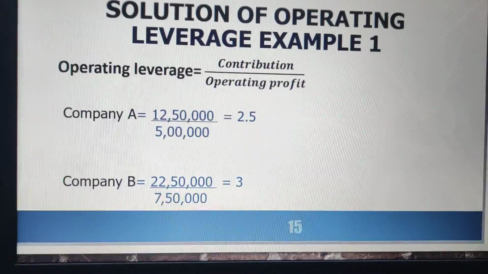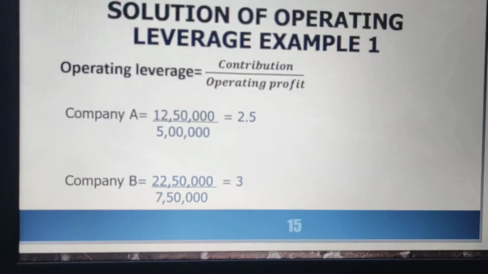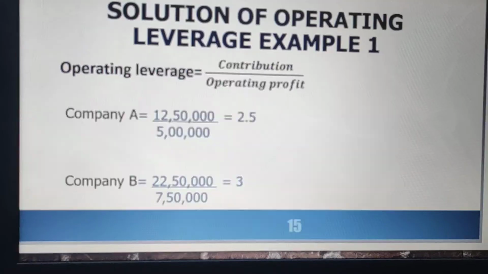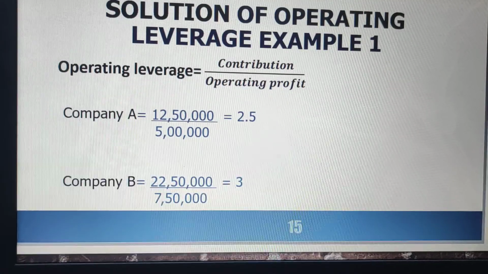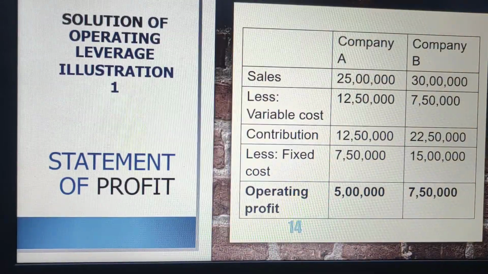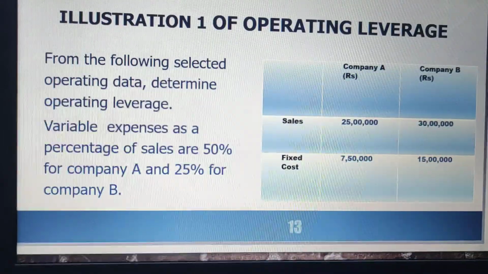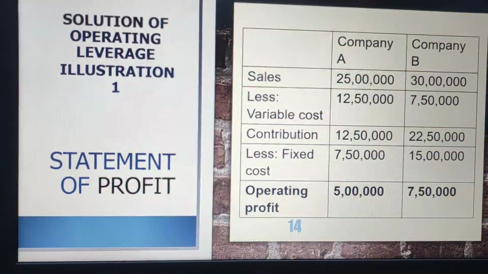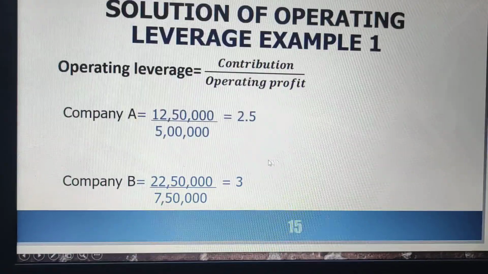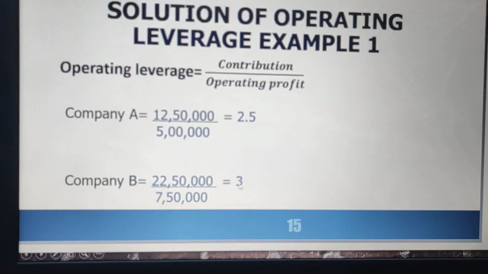Now our operating leverage for company A equals contribution upon EBIT, or we can say operating profit: 12 lakh 50,000 upon 5 lakh, as 5 lakh is our operating profit. It comes out to be 2.5, and similarly in the case of B it comes out to be 3.